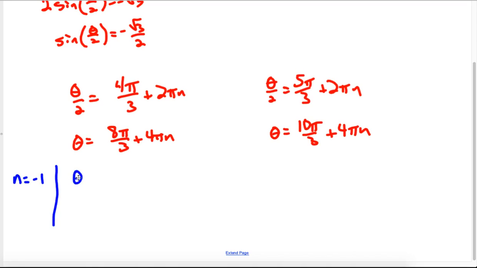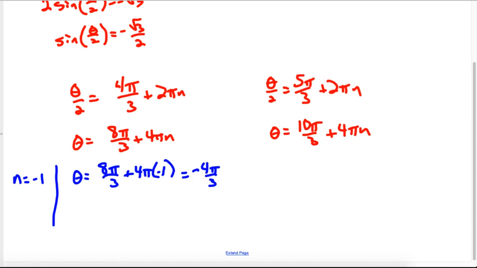So if I plug that in, I'll get theta equals 8 pi over 3 plus 4 pi times negative 1. So if I convert this to thirds, right, this would be 12 pi over 3. So we'll have 8 pi over 3 minus 12 pi over 3 would be negative 4 pi over 3.